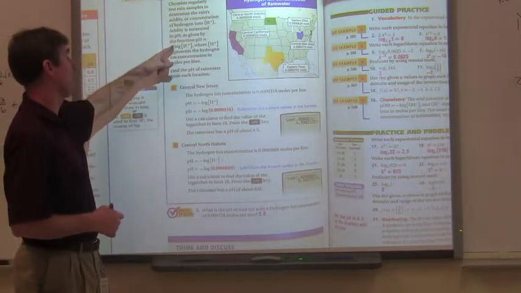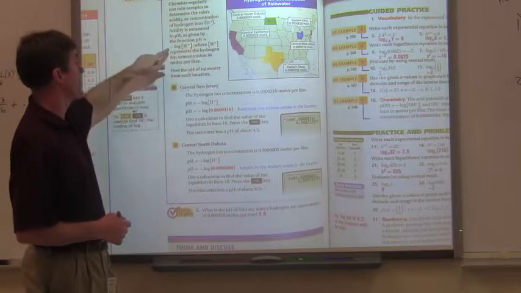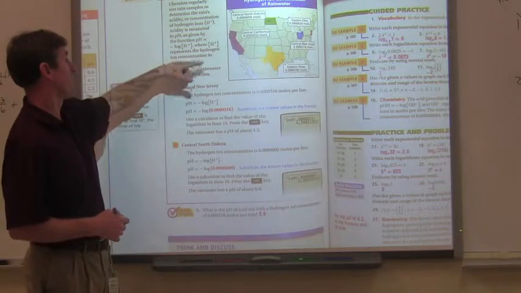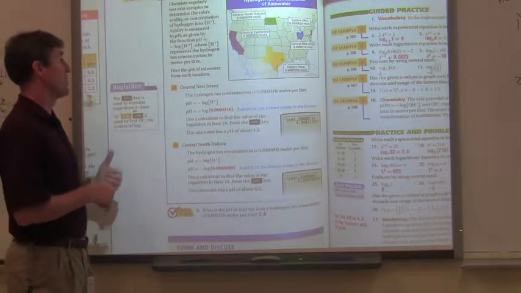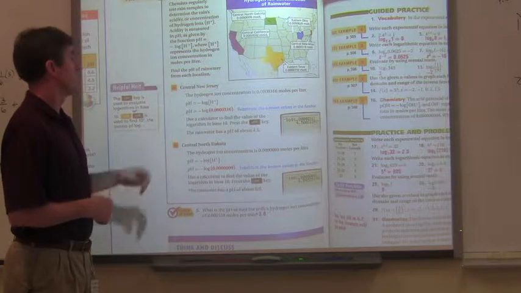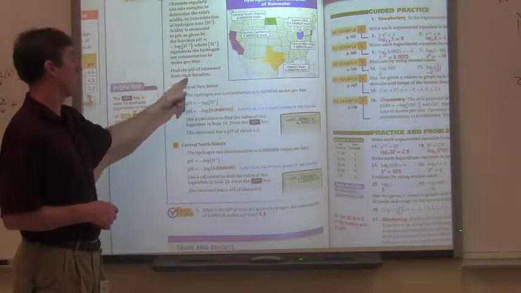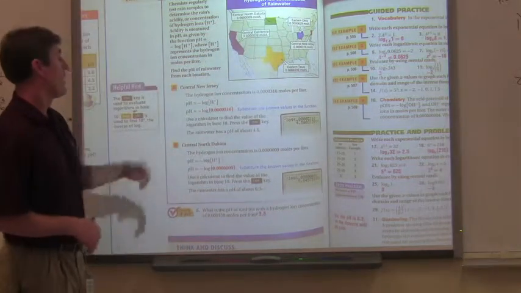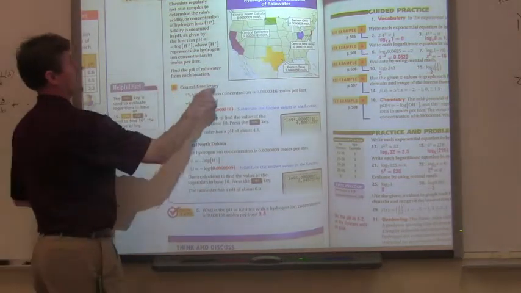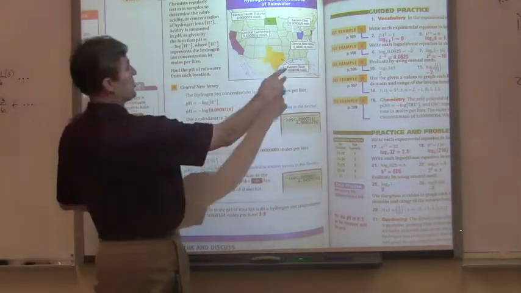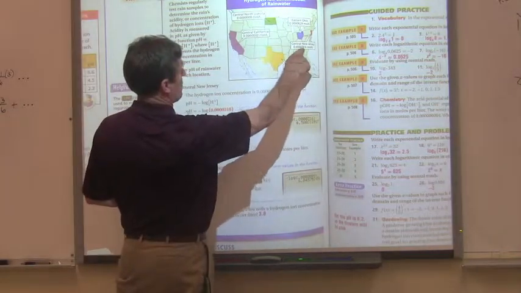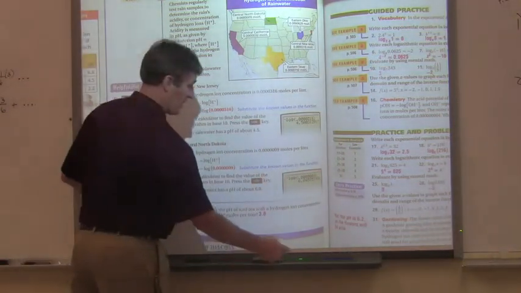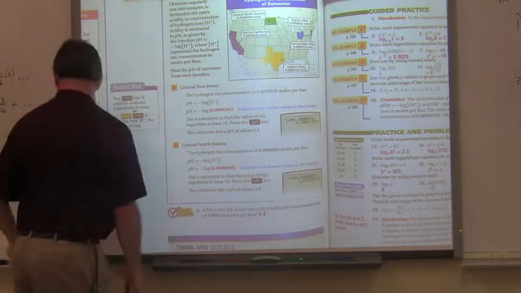Acidity is measured in pH as given by the function P of H equals negative log of H positive, where H positive represents the hydrogen ion concentration in moles per liter. So it says find the pH of rainwater from each location. They've listed it here on the chart. Central New Jersey is 0.0000316. And so all I do is plug it in, and this is where we're going to use the graphing calculator, which I'll have to call up.